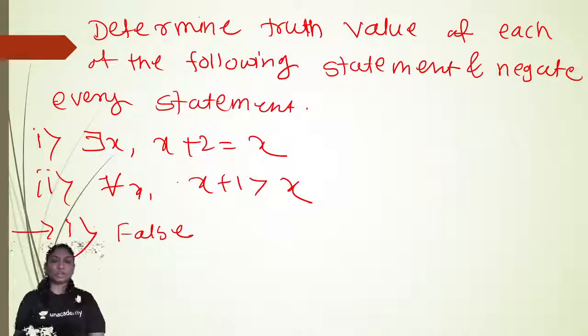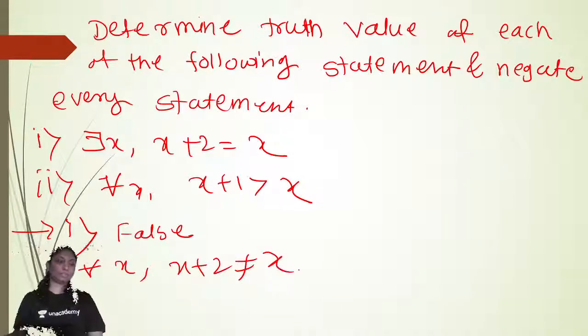Okay, now the negation of this statement. The negation of there exists is for all. So the negation of this statement is, for all x, x plus 2 is not equal to x. Now the second statement: for all x, x plus 1 is greater than x.